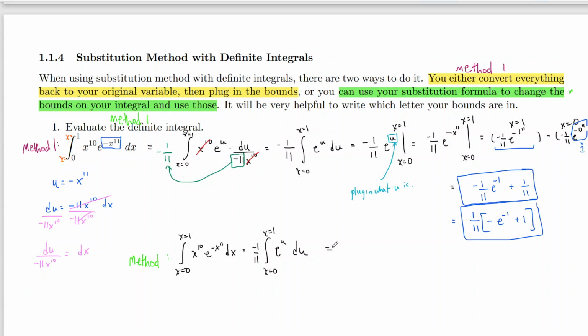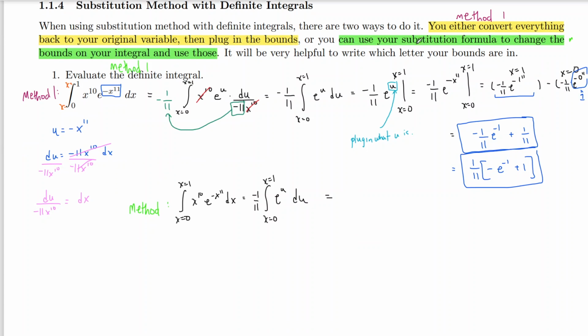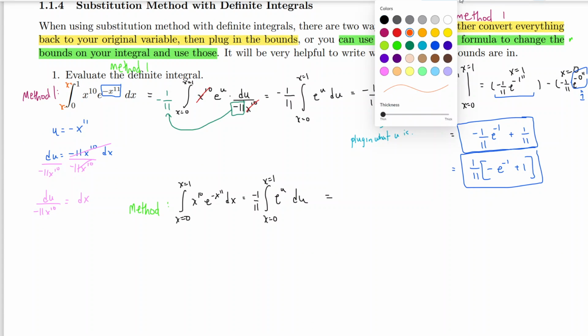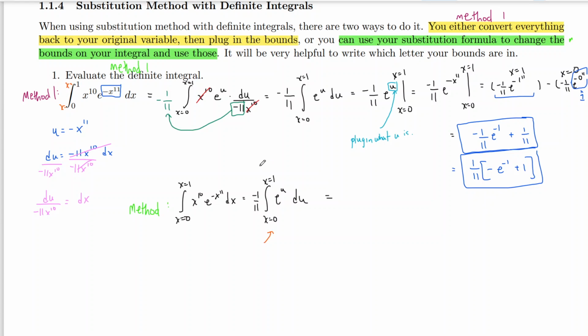But here's the big difference. Before you integrate, what you want to do for this method 2 is plug in and figure out what u should be. So we want to plug in x into the formula for u, the one we have right here. And we do that for both of those. So I'm going to go ahead and actually just set this up here.